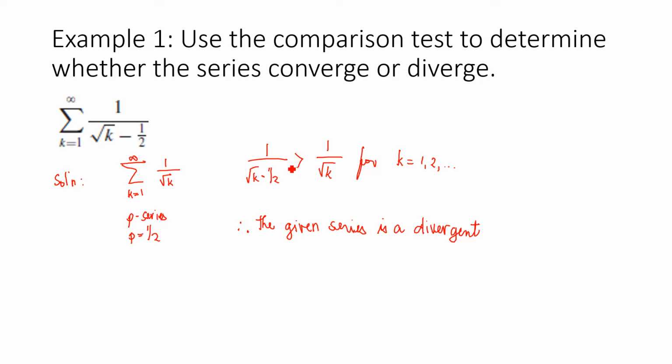So that's why the given series is divergent, since the series of 1 over square root of k from 1 to infinity is a divergent series.